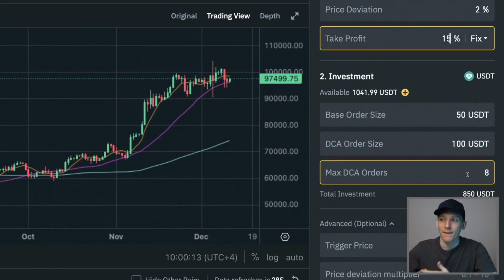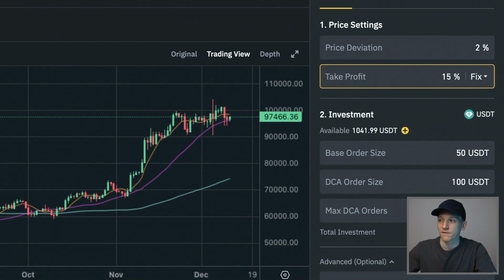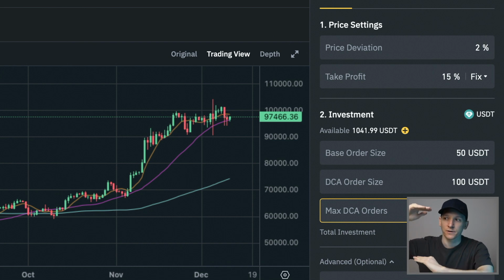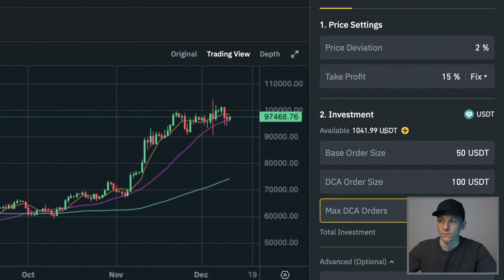Then you can put in a max amount of DCA orders. So if we're putting 2% in, we can say we're going to have 5 orders. So we're going to buy essentially a 10% range, 2% price deviations for 5 orders, buying all the way down in a 10% range and then taking profit on the way up, 15% from the average price that we bought in at.